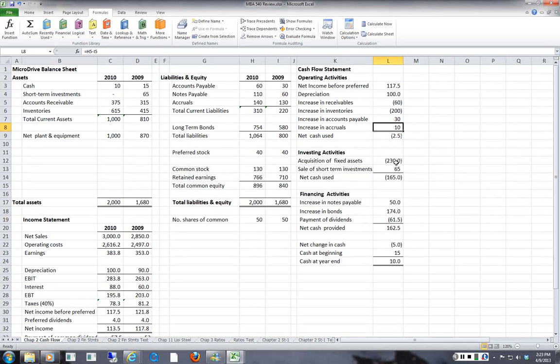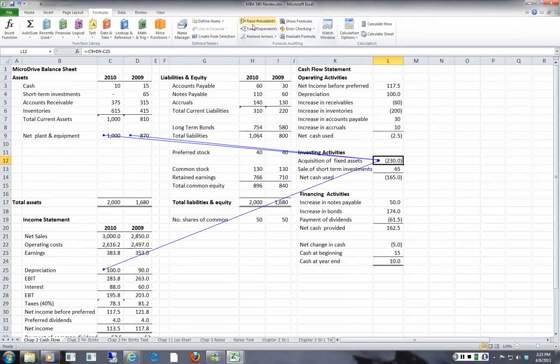Now, investing activities. We increased the fixed assets there. We went from 870 to 1,000. That's after depreciation, so that's 130. But to get there, we have to add back the 100,000 in depreciation because that reduces the net plant and equipment.